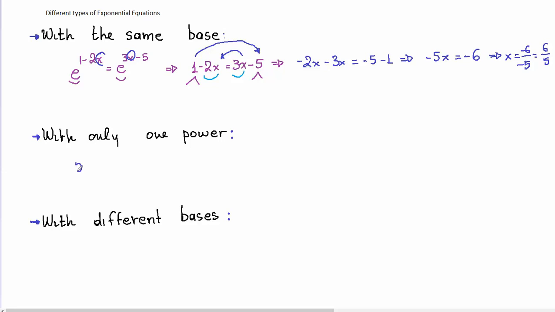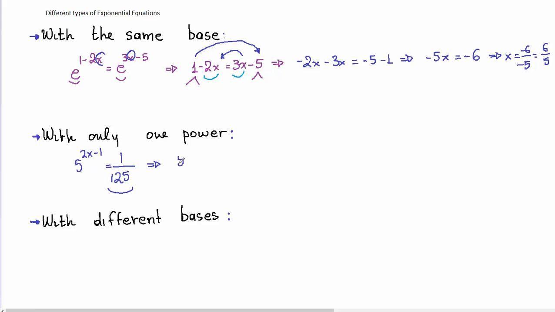Let's look at a different example. 5 to the 2x minus 1 is the exponent, equals 1 over 125. Again, when we have only one power and the other is a constant, like 1 over 125, what we need to do is to try to rewrite the number as a power of 5.